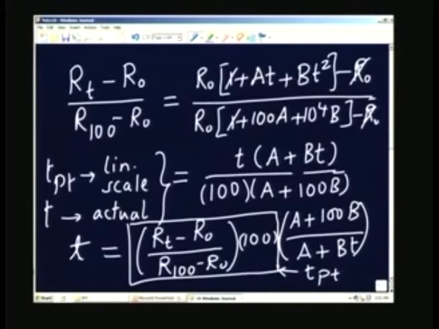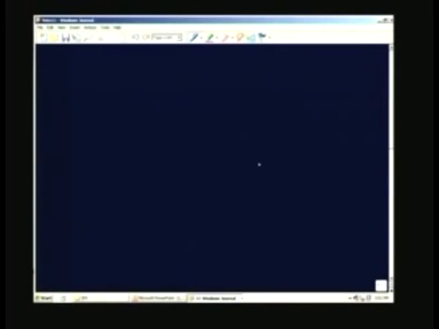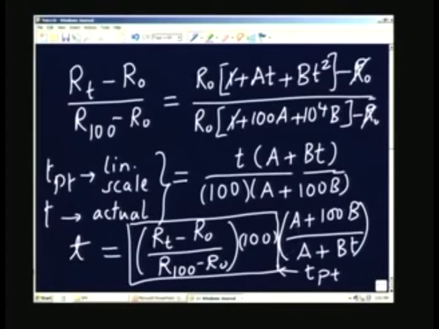So, T is equal to T_PT multiplied by some factor which I want to find out, in terms of the characteristics of the platinum resistance thermometer, that means in terms of A and B. So, I can rewrite that as T_PT, that is the first factor, and multiplied by, if I go back and do a little manipulation, A plus 100 B divided by A plus B t.